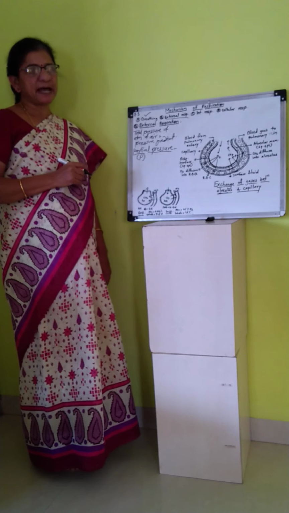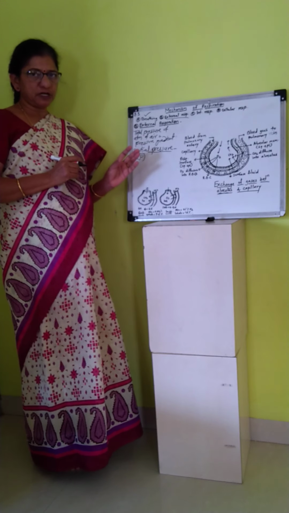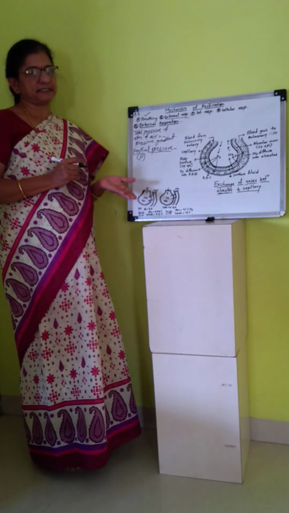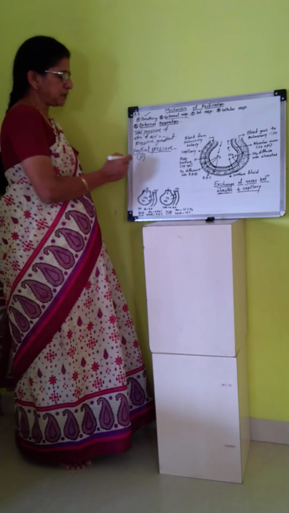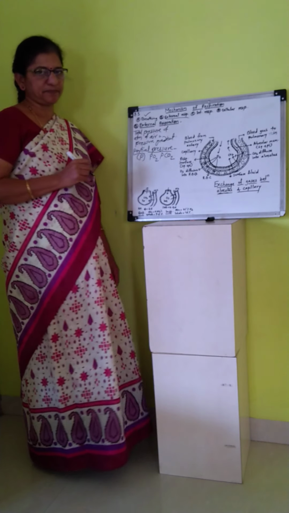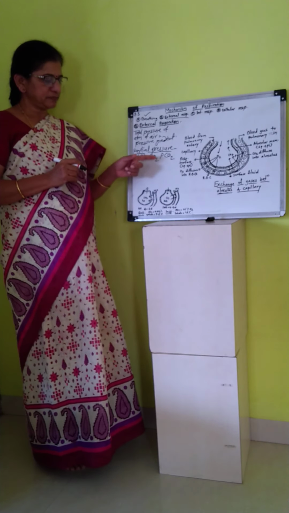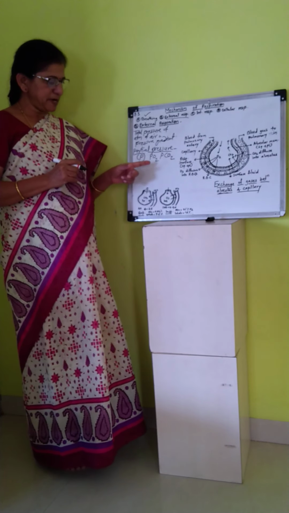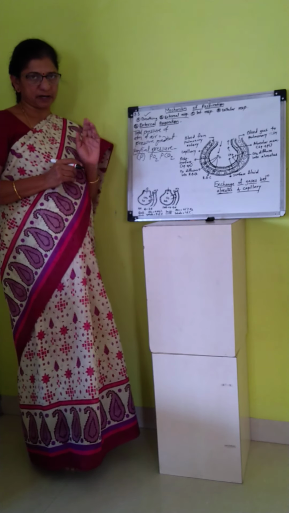Partial pressure of a gas means the pressure of a single gas inside the mixture of gases. That is called partial pressure. For example, PO2, PCO2, etc. That is the partial pressure of oxygen in the total environmental air, and the partial pressure of CO2 in the total environmental air. And depending upon this partial pressure gradient, the external respiration occurs.